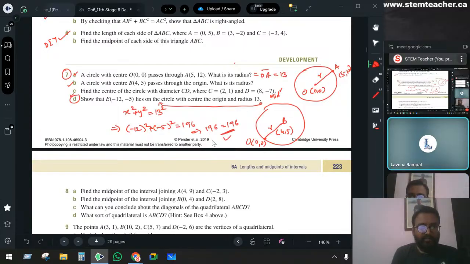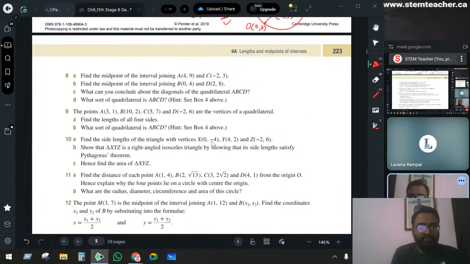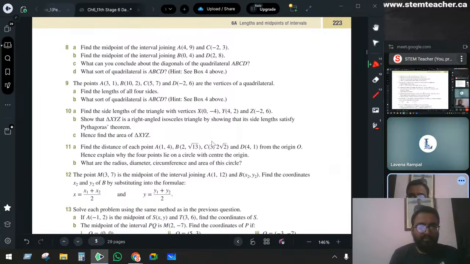And next, 8. You can do it. It's a midpoint. What can you conclude about the diagonals of ABCD?